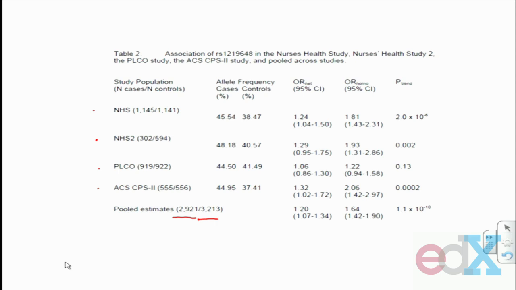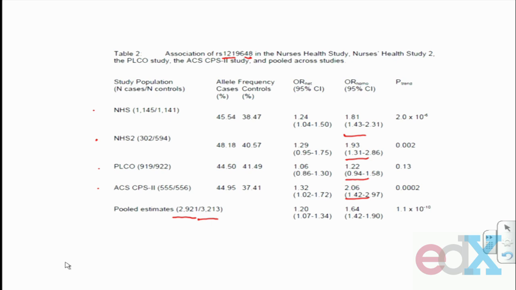And you can see in each study, except one, the association with carrying 2 copies of the variant at the particular site here in FGFR2 was somewhere between a 1.8 and 2-fold increase in risk.